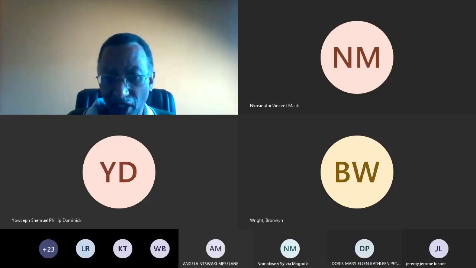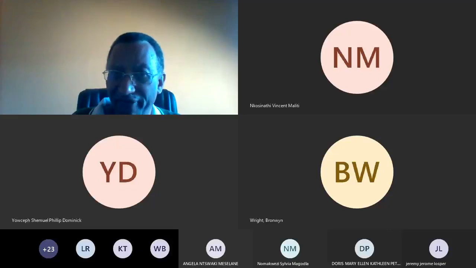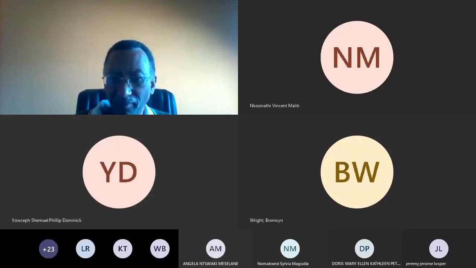For instance, insurance. Sometimes you pay the January insurance during the month of December. So if your financial year ends on the 31st of December, you have actually paid a portion of that money for the next financial year.